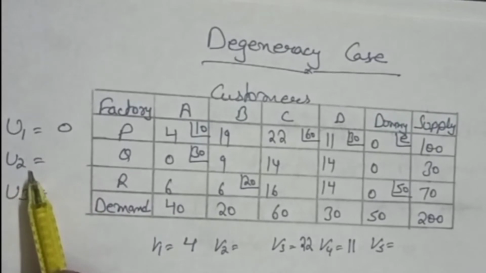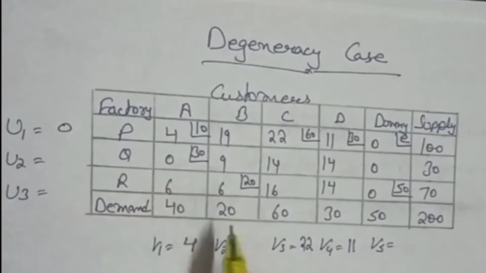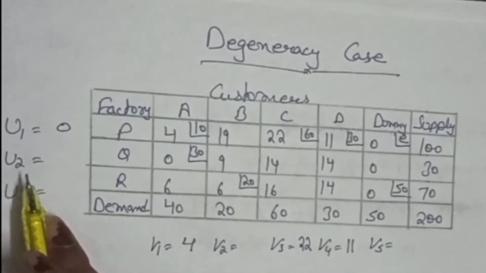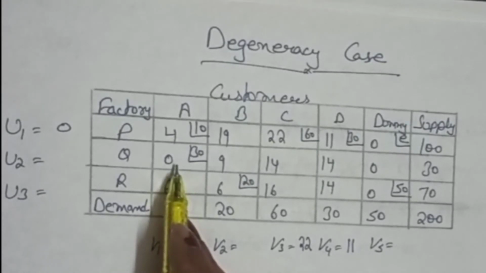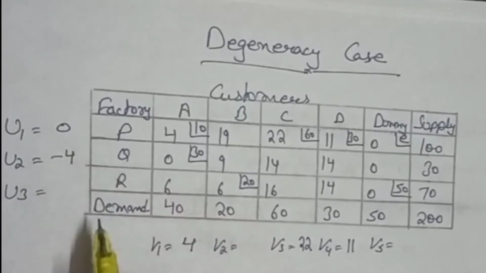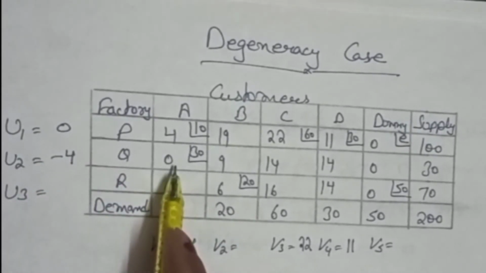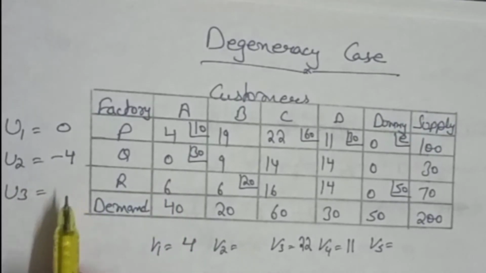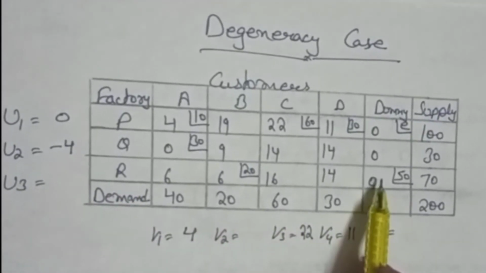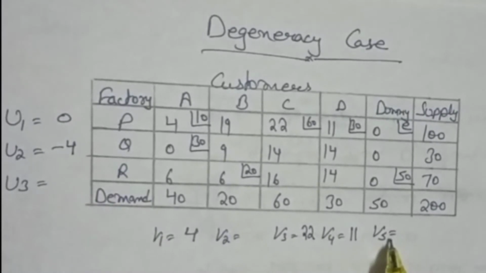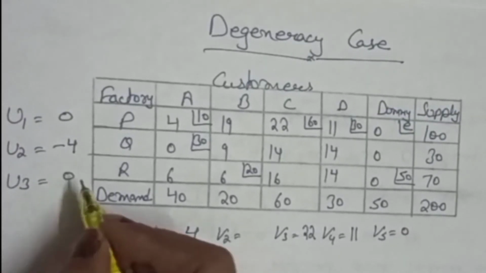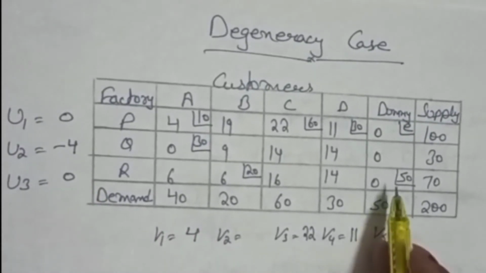Now we will find the u2 value. u2 plus v1 is equal to this cell, which is 0. u2 plus 4 is equal to 0, so we write here minus 4, because minus 4 plus 4 is equal to 0. So now we have the value of u2. Now we will find the value of u3. For the u3 value, we will check here 0. u3 plus v5 is equal to 0, so we write 0 and 0: u3 is 0, and 0 plus 0 is equal to 0.